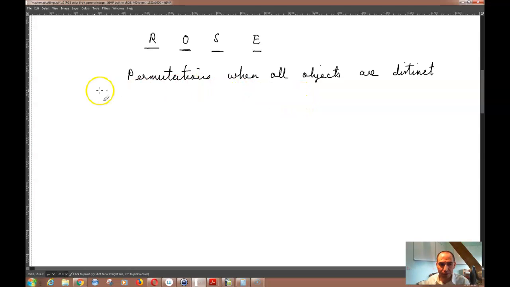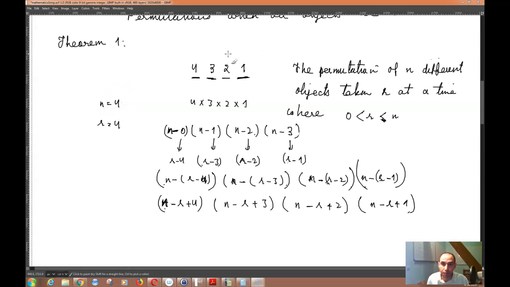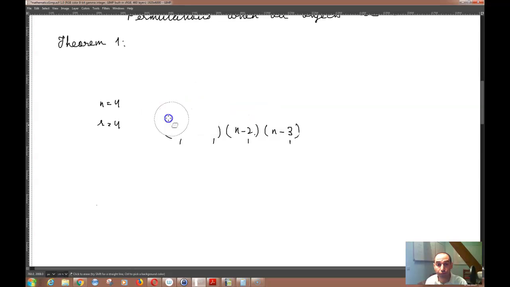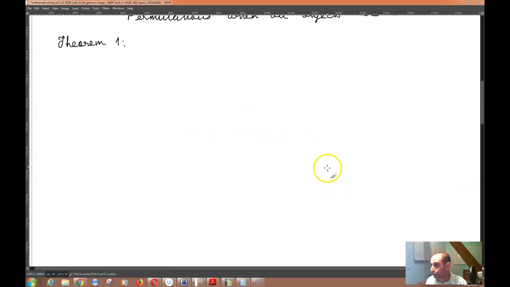As a theorem, theorem number 1 to be more exact: the number of permutations of n different objects taken r at a time, where r is greater than 0 and less than or equal to n, and the objects do not repeat, is n times n minus 1 times n minus 2 all the way up to n minus r plus 1.